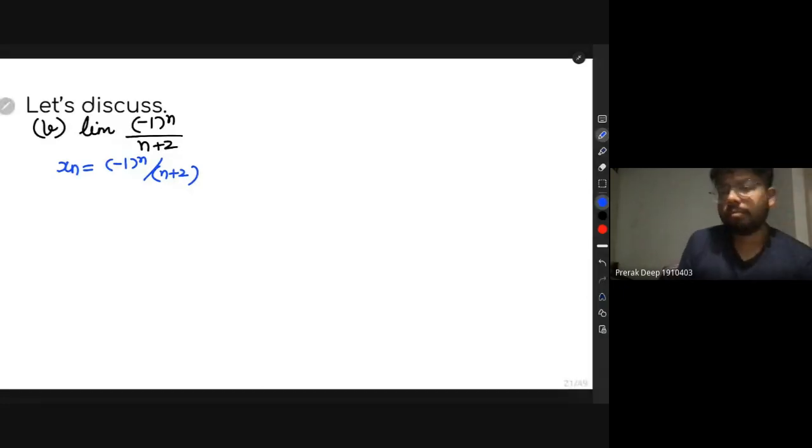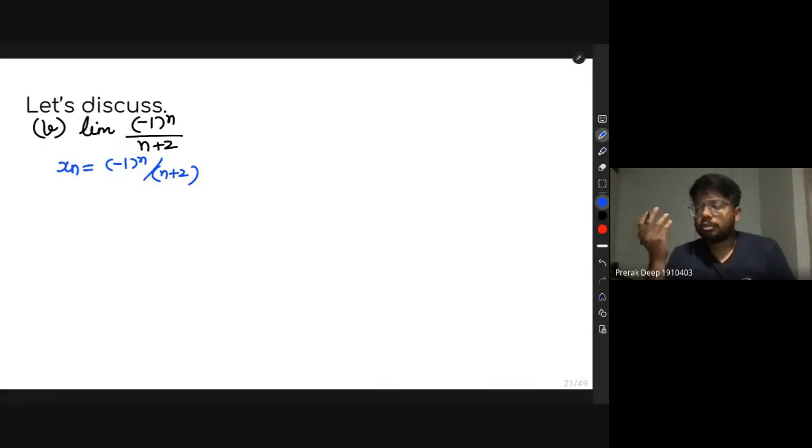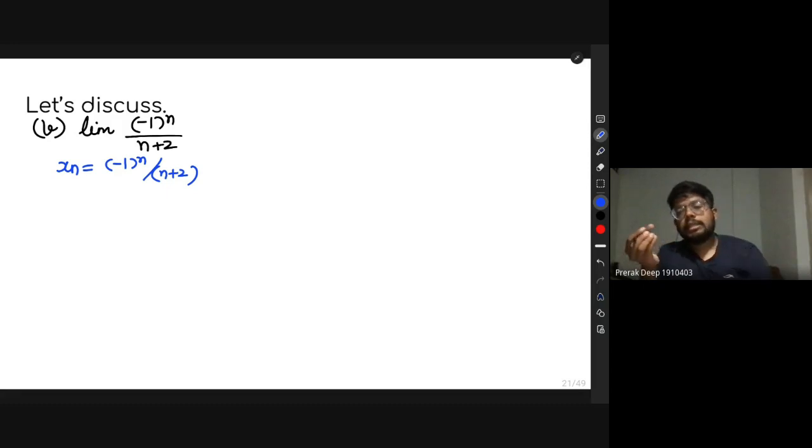By looking at the pattern of the sequence, just writing down the first n terms or something like that, you can guess that this sequence converges to zero. Because it has denominator n plus 2, and as you take larger values of n, this denominator is going to dominate in the sequence, which means that for larger values of n, your sequence xn will be very close to 0.